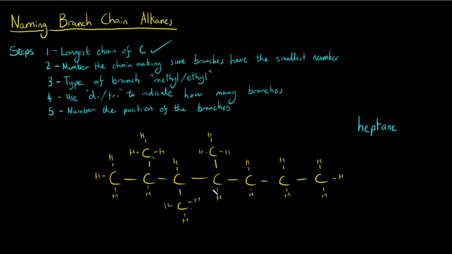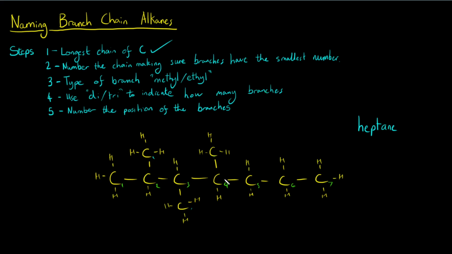Step number 2, I need to number the chain to make sure that these branches have the smallest possible number. So we've got a couple of options here. As usual, we can go from left to right or right to left. Let's check it out. If we go from left to right, we allow these branches to be on carbons 2, 3 and 4.